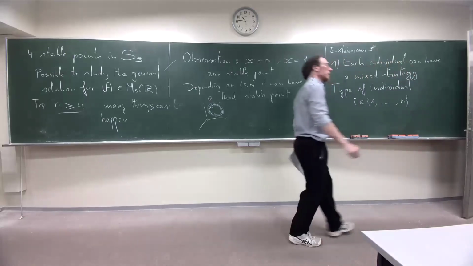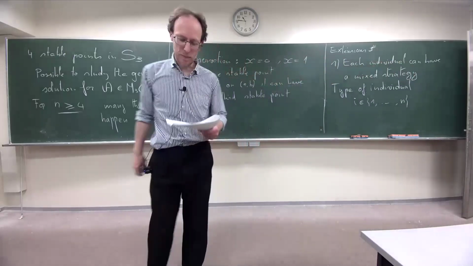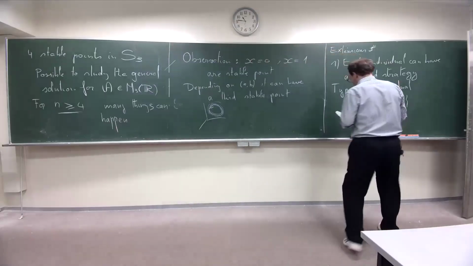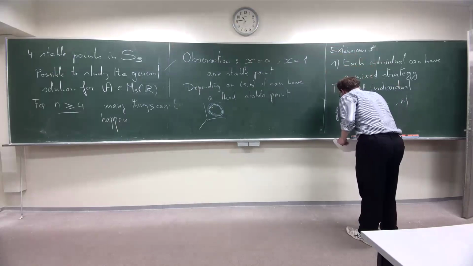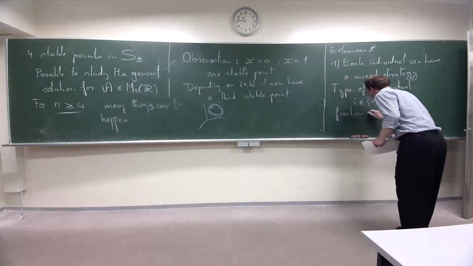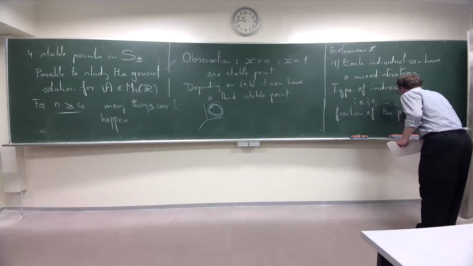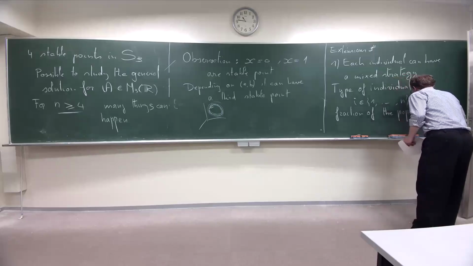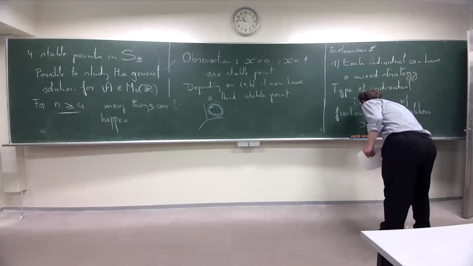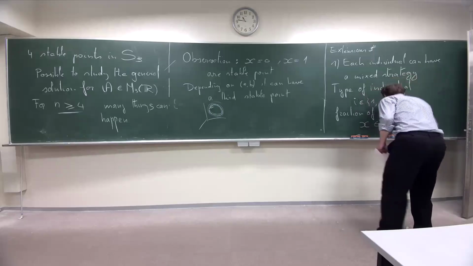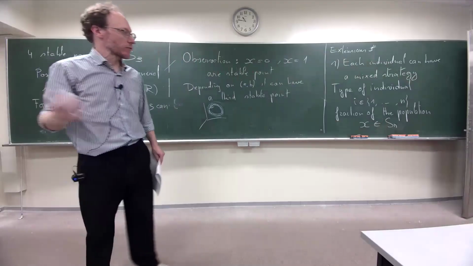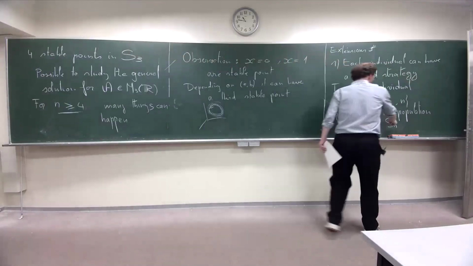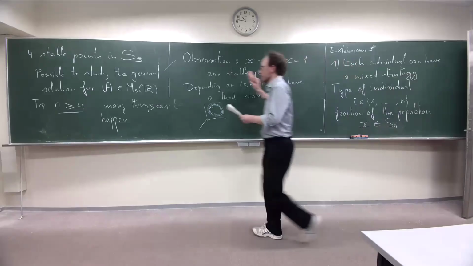So I'm going to keep n types of player, and each one, so it means a fraction of the population is given by x belonging to Sn, because we have n different types. So the different fractions have to sum up to 1. So this is exactly the definition of Fn.